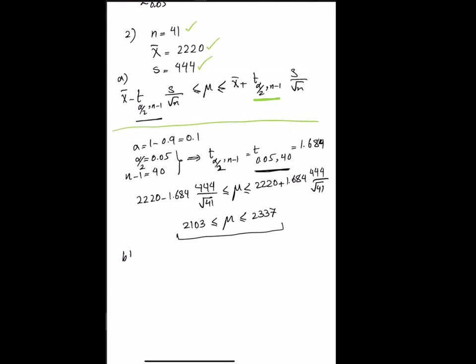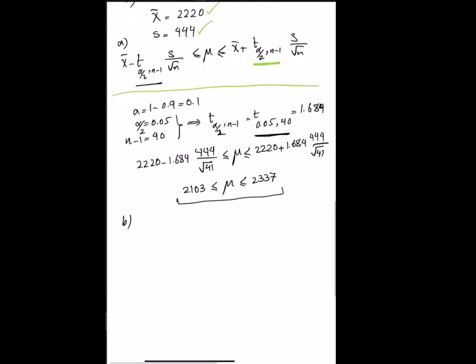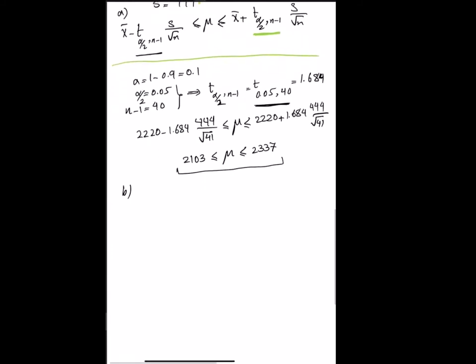In part B, we want to find a 90% lower confidence bound. The formula for the lower confidence bound is x bar minus t of alpha times s over square root of n, less than or equal to mu. x bar is 2220, s we know is 444, square root of n is 41.